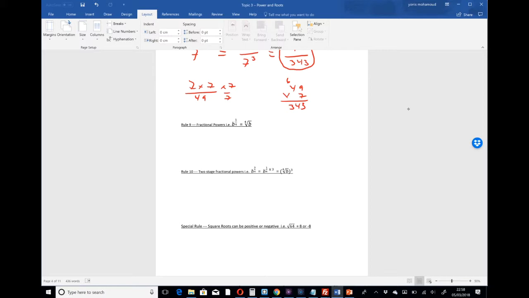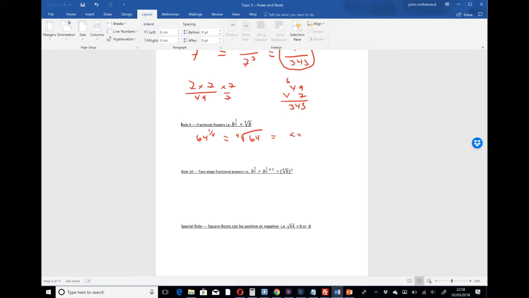So suppose you had 64 to the power of 1/4. Essentially what you have to do is rewrite that as the fourth root with 4 on the outside and 64 inside. And so you think, alright, which number do I have to multiply to itself 4 times to give me 64?